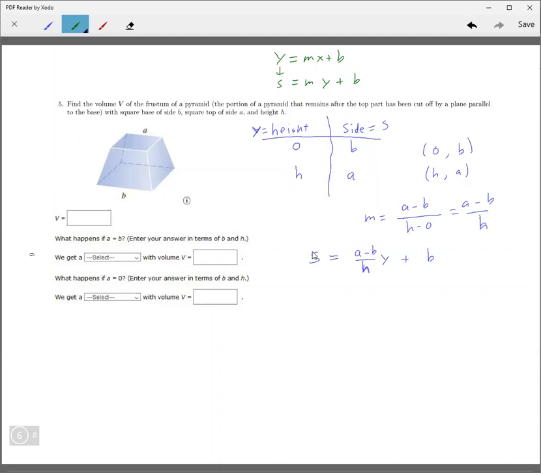Okay, so that means that this right here, you can also think of this as being the equation of the side.